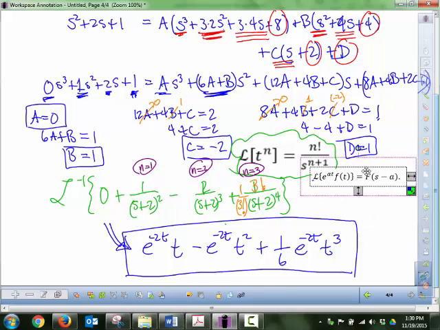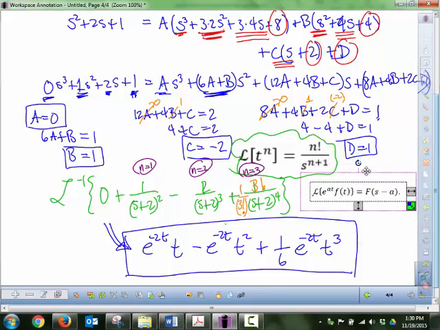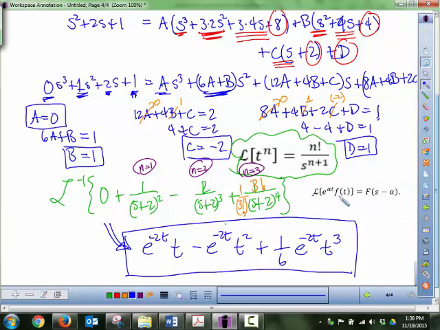So this formula allows us to do the shifting. And so when we have an s minus a, in this case s minus -2, that translates back into the t world as e to the -2t. Okay?